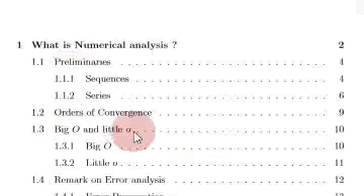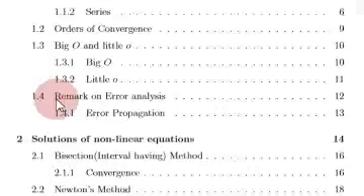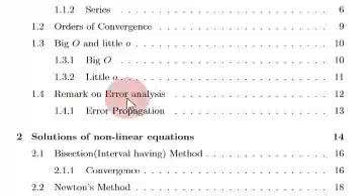We'll learn big O, little o, and some error analysis. All the time you are getting errors, so you have to measure those errors. That is called error analysis. You have to analyze those errors and minimize propagation error, right? Errors propagate because of many things. So you learn those things.